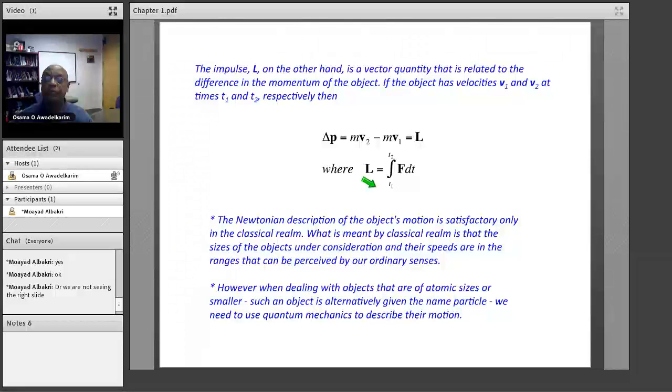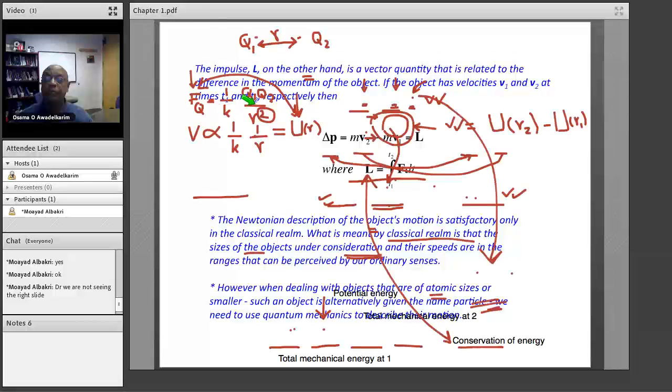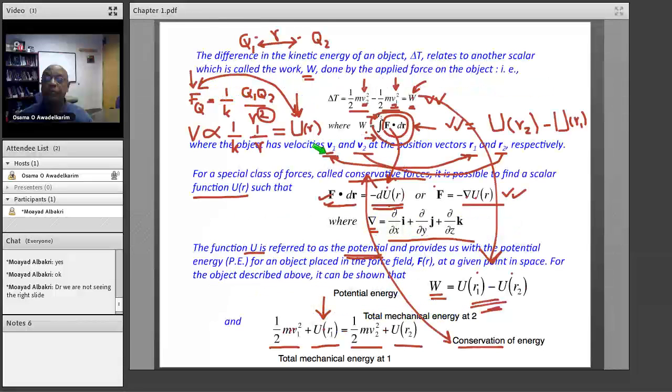Now, one last point that I'd like to review, one last parameter, is the impulse, L, which is a vector. And this is a vector that relates the difference in the momentum of an object. So if the object has velocities v1 and v2 at times t1 and t2, remember here we're talking about velocities v1 and v2 at positions r1 and r2.